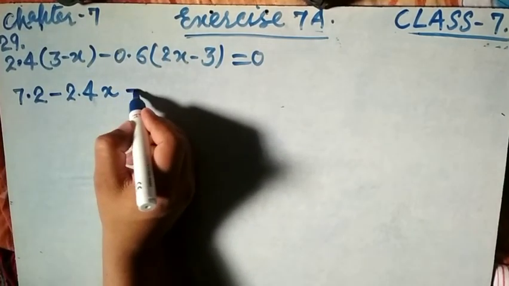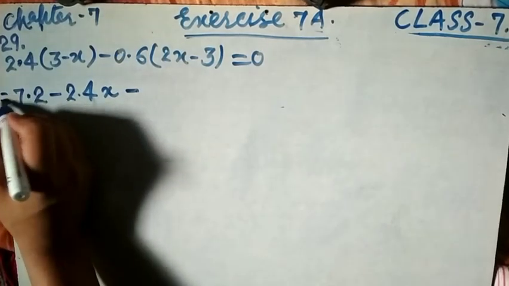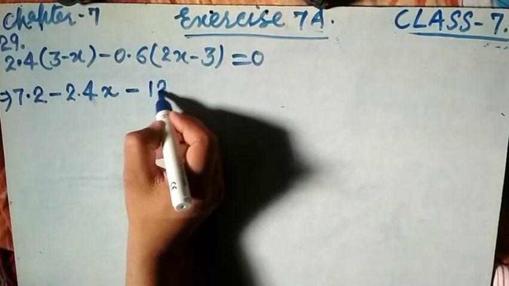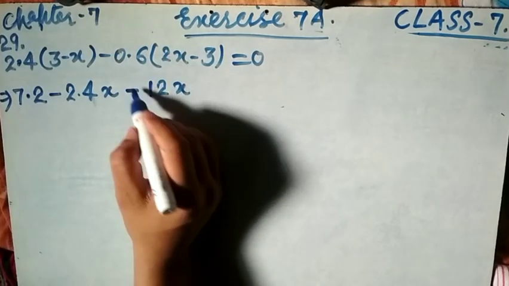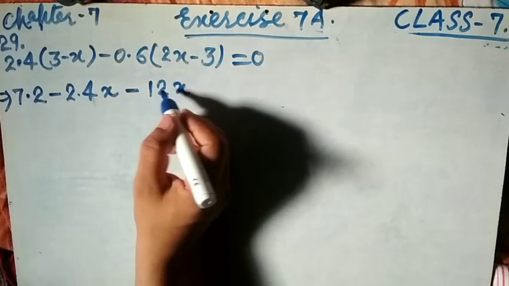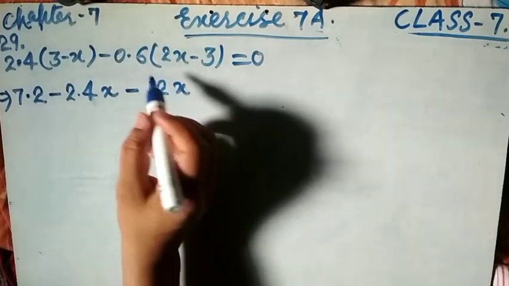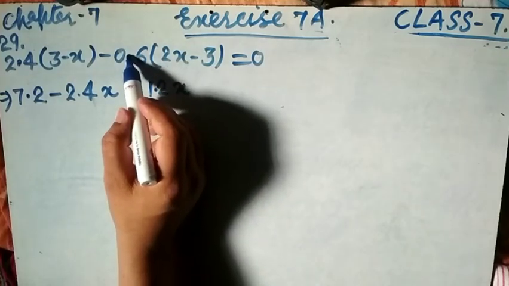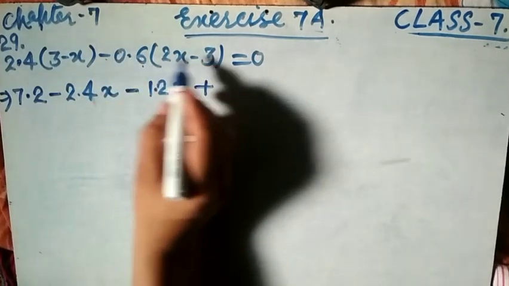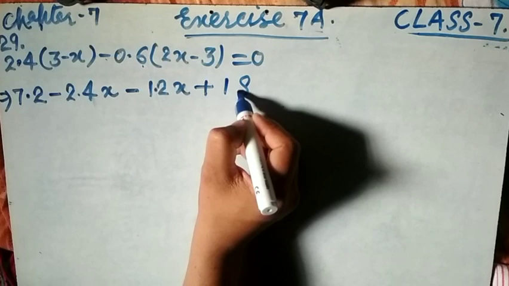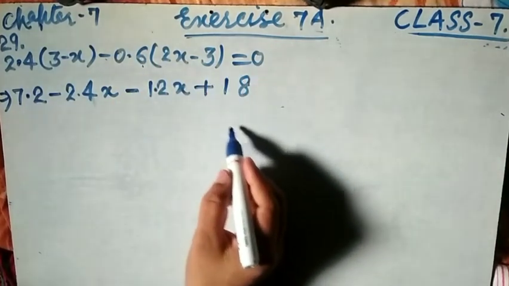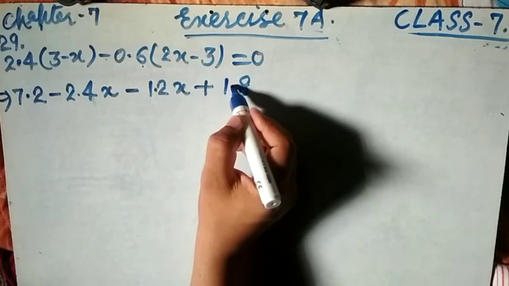Now this is minus 0.6 multiplied by 2x, 6 2s are 12x, but we have to place the decimal counting from the right hand side. There is one digit after the point. Here is the minus into minus, plus. 6 3s are 18, and we have to place the decimal after counting one digit from the right hand side. Why one digit?